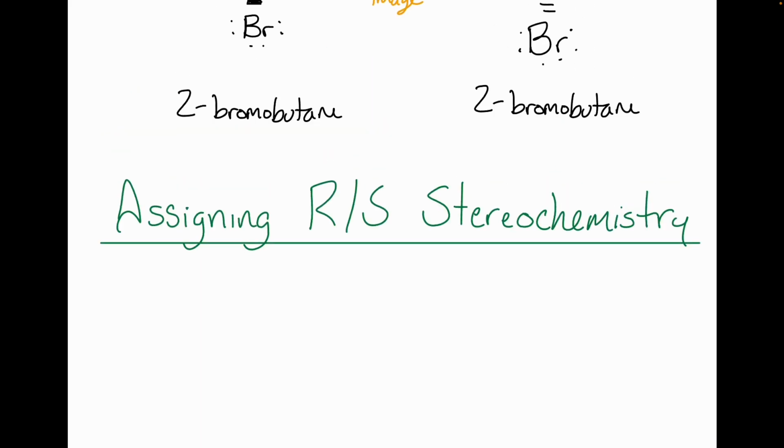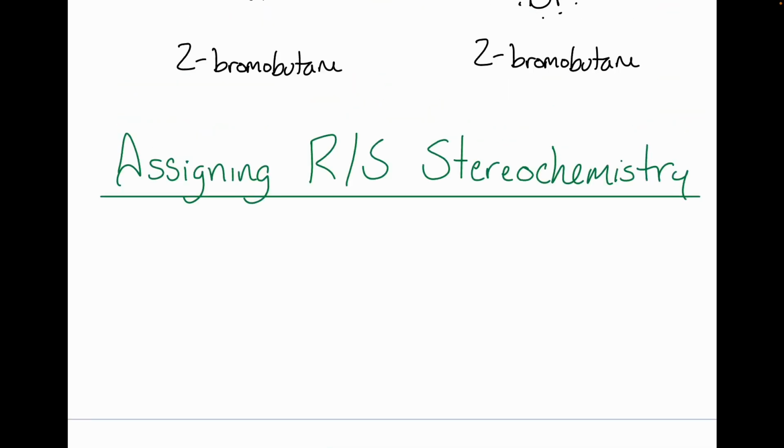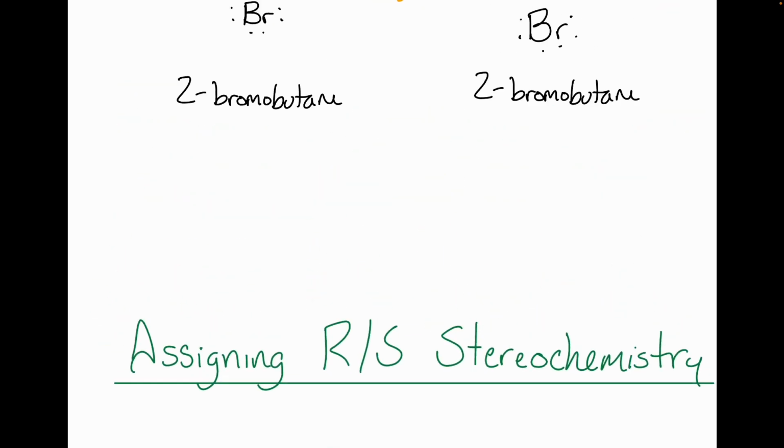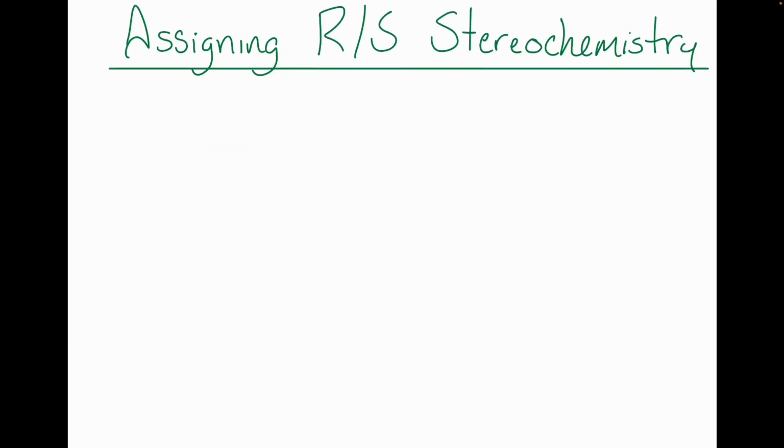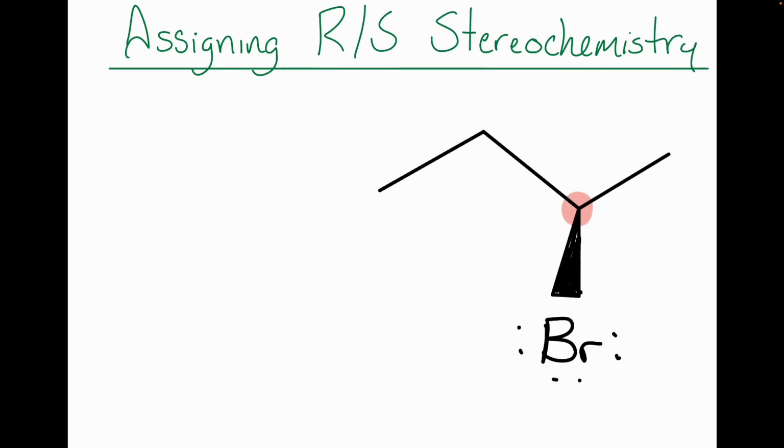So let's just use that first 2-bromobutane as an example here. We said that there are 4 distinct bonds about that chiral carbon. What's missing here? I only see 3. That implied hydrogen, and what type of bond am I going to put that hydrogen on? It's got to be on a dashed bond.